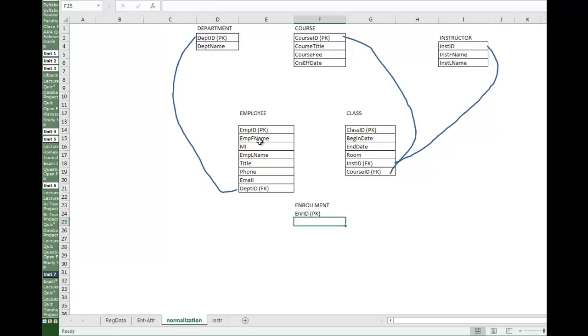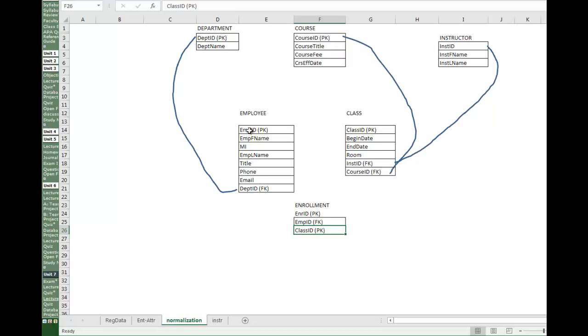And then you will have employee ID to make a reference to the employee table, and you will have class ID to make a reference to the class table. However, the employee ID is going to be a foreign key here because it is the primary key in the employee table.